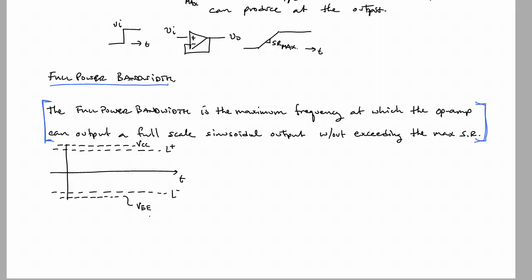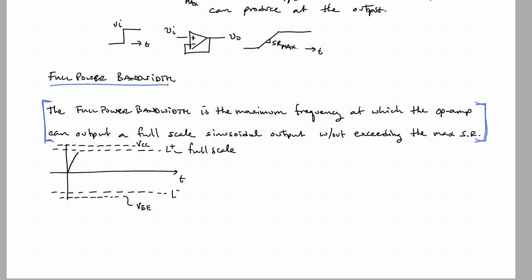So whatever that may be, we define L plus and L minus as the two maximum, or full scale, limits for V out.